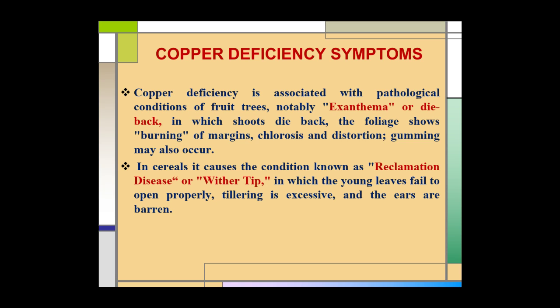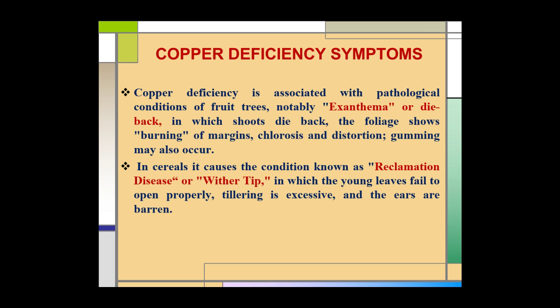Copper deficiency is associated with the pathological conditions of fruit trees, notably exanthema or dieback disease. In this disease, the shoots die back, the foliage shows burning of margins, chlorosis and distortion, and gumming may also occur.